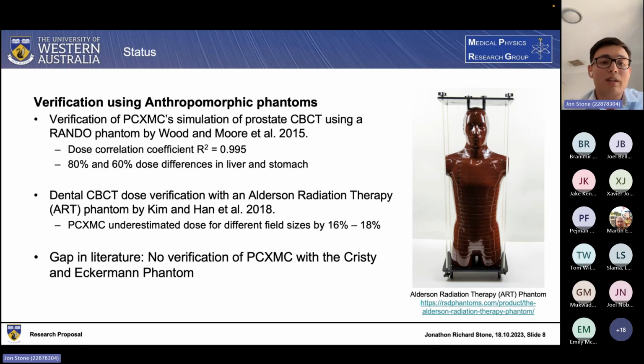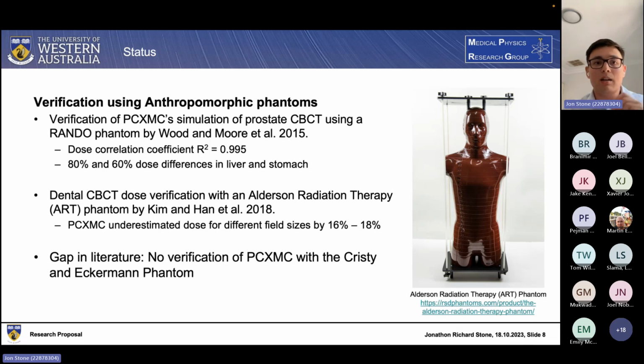They found quite a decent dose correlation coefficient, with R squared being 0.995. But they also found 80% and 60% dose differences in the liver and stomach, where the PCXMC underestimated the doses compared to the Rando phantom by that huge margin. It's understandable why, though, because the anatomy of the Rando phantom is different to the anatomy of the PCXMC phantom.